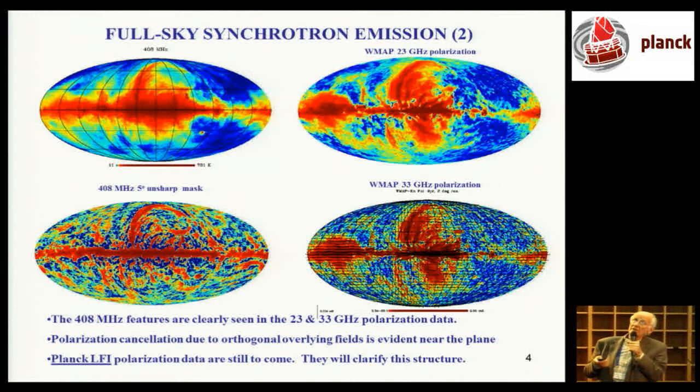And you dig in by getting rid of the more extended emission with what we call an unsharp mask: you smooth the data to about 5 degrees and then subtract the smooth data from the actual data, and you're left with these well-defined features.